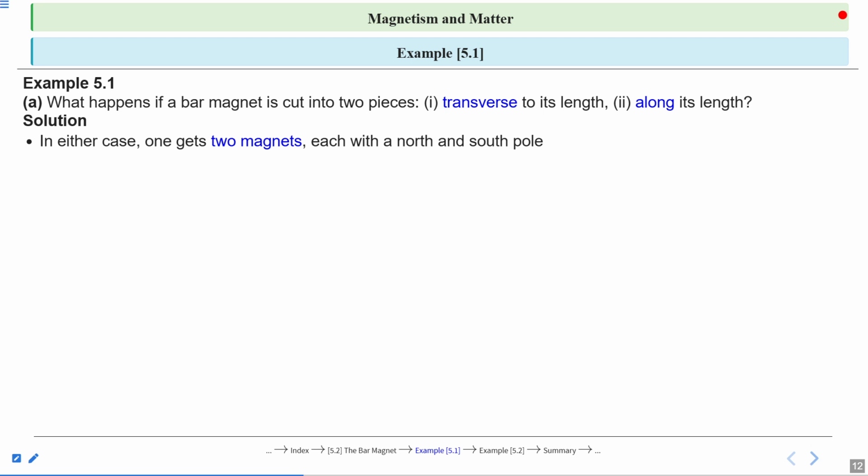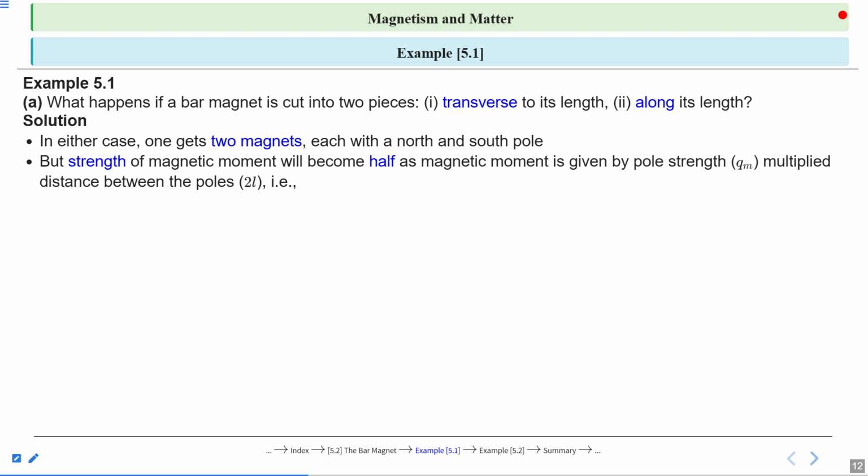In either case, one gets 2 magnets each with north and south pole, but the magnetic moment will become half, as magnetic moment is given by pole strength multiplied by the distance between the 2 poles.